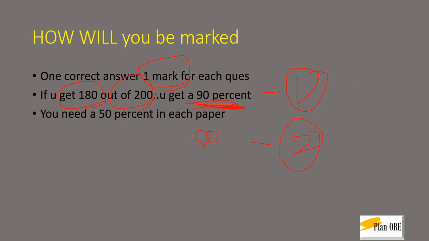You need to get an average of 50% in both the papers to have an overall pass. You do not have any negative marking, so even if you leave the question or mark it wrong, you get a 0 mark, but you do not get a negative mark.